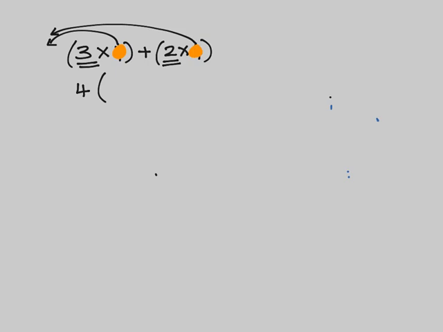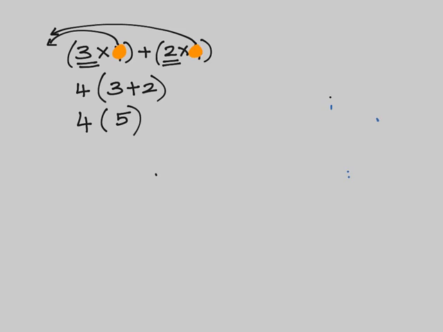So we are left with 3 and 2. So let me write 4 parentheses 3 plus 2. We know the value of 3 plus 2. What is the value of 3 plus 2? The value of 3 plus 2 is 5.